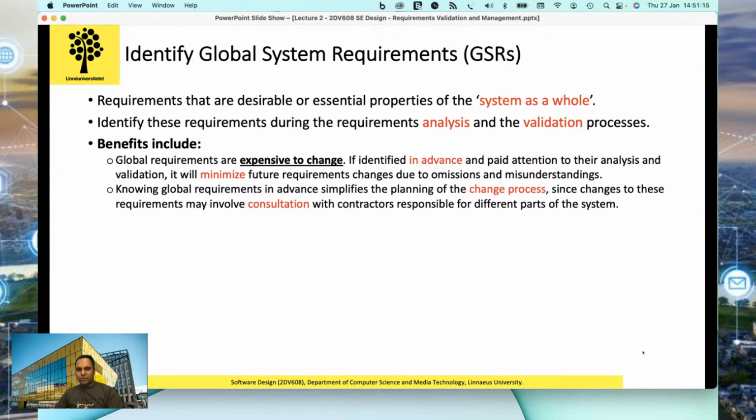So try to know your global requirements as early as possible to minimize future change cost.